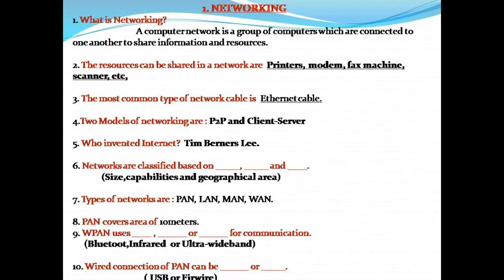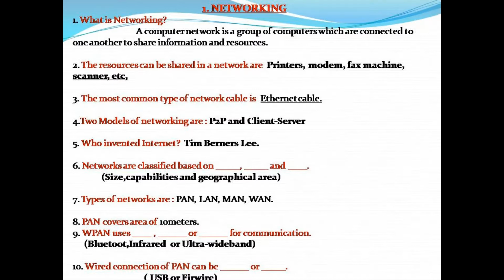Question number 7. What are the types of networks? Yes. Personal area network, local area network, metropolitan area network and wide area network. Question number 8. What does the PAN cover? The distance it covers is 10 meters. Question number 9.